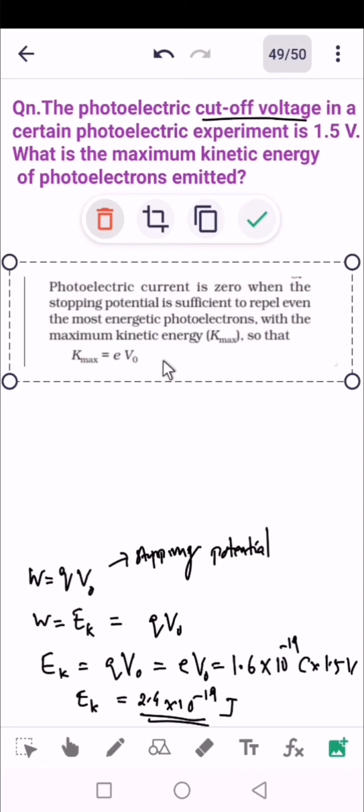The negative potential applied at the plate A should be enough, so that a work done equal to eV naught is sufficient to stop even the electron having the maximum kinetic energy. That is why we are writing it as K max equal to eV naught. That is, the maximum kinetic energy of electron should be equal to the work done to stop the same electrons. So work done is equal to maximum kinetic energy.